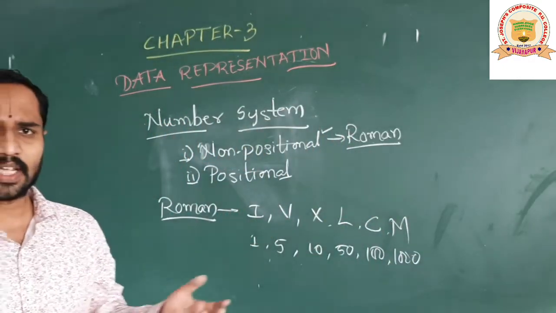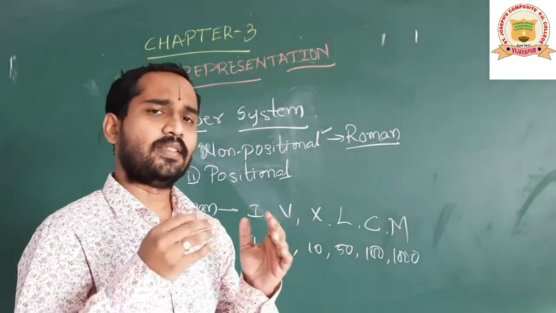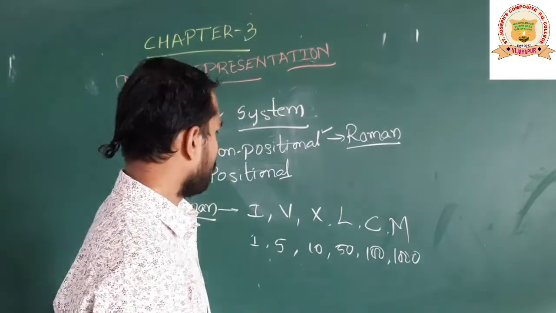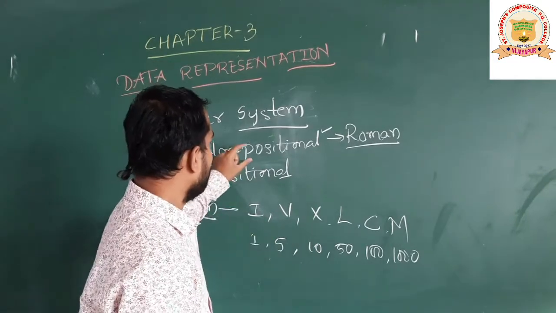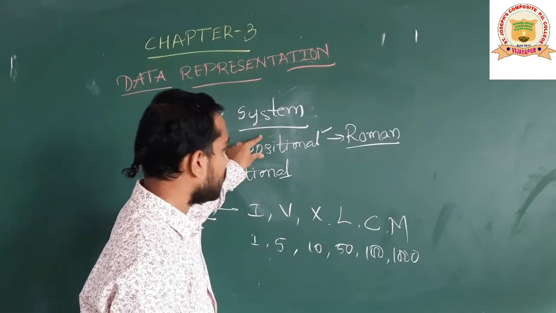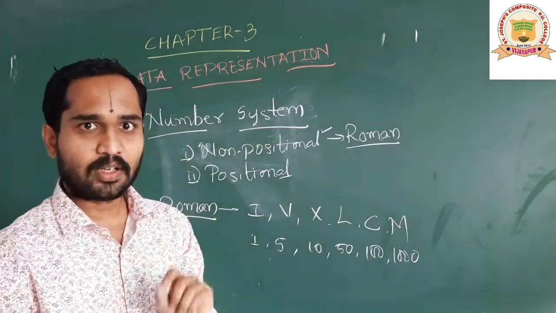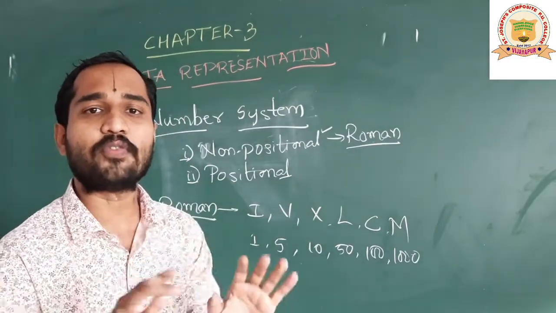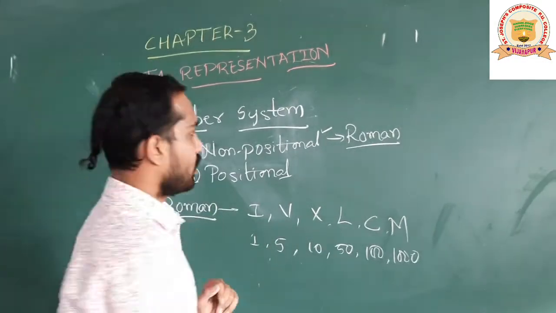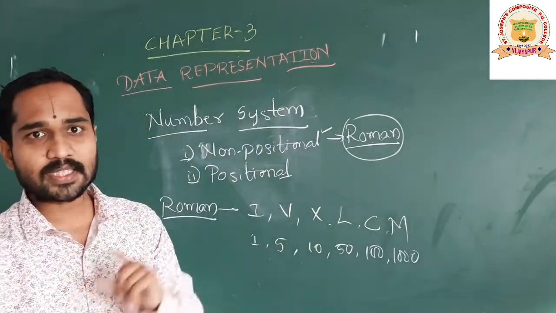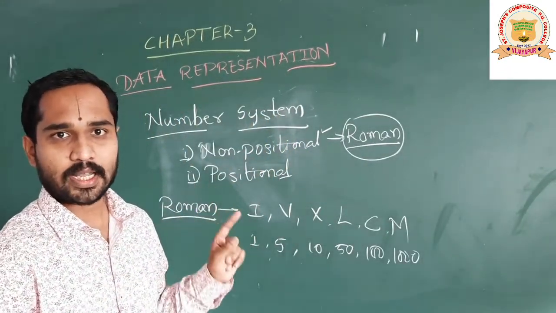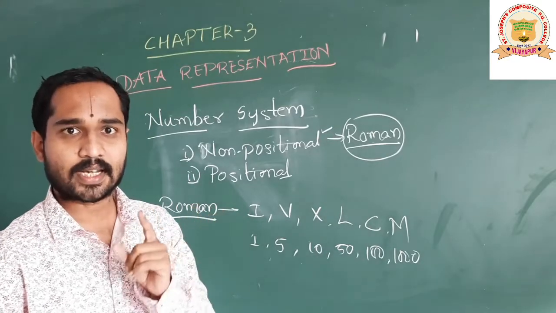D is there, 500. So in this way, we do not have any specific position given to the number, we have certain alphabets given. That is the Roman number system and we call it the non-positional number system. Is that clear to everyone?